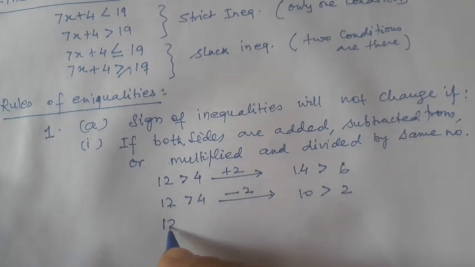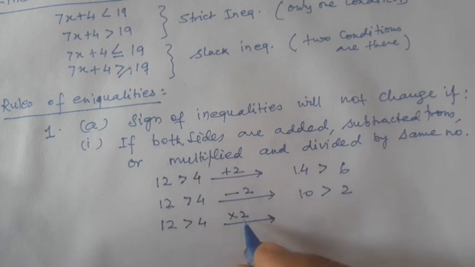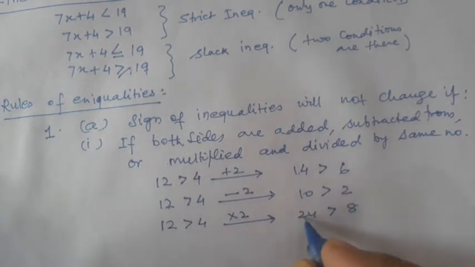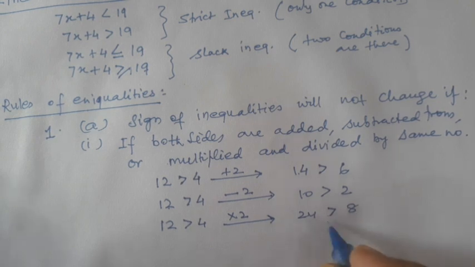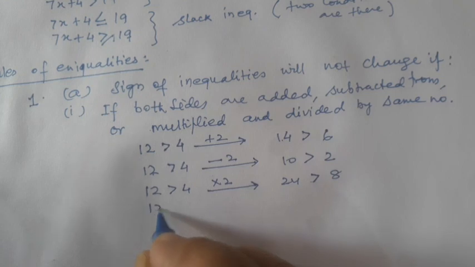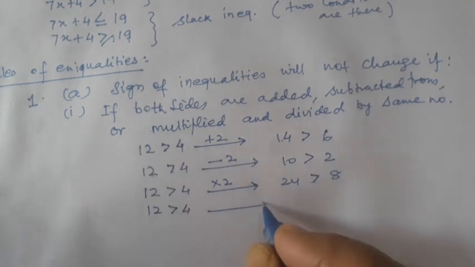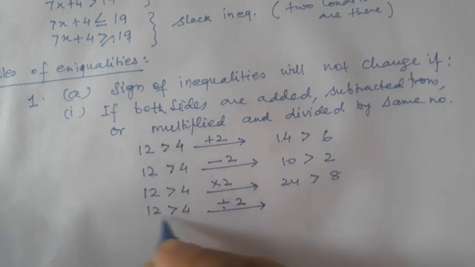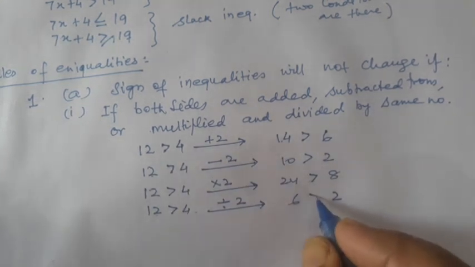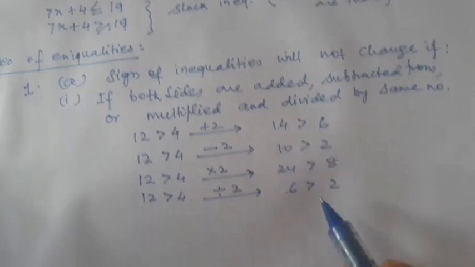Again 12 greater than 4, multiplied by 2 on both sides, it will be 24 and 8, so 24 greater than 8, the sign remains the same. Now 12 greater than 4 divided by 2, it will be 6 and 2, and again the sign is the same. So the sign has not changed. So this is the first rule.